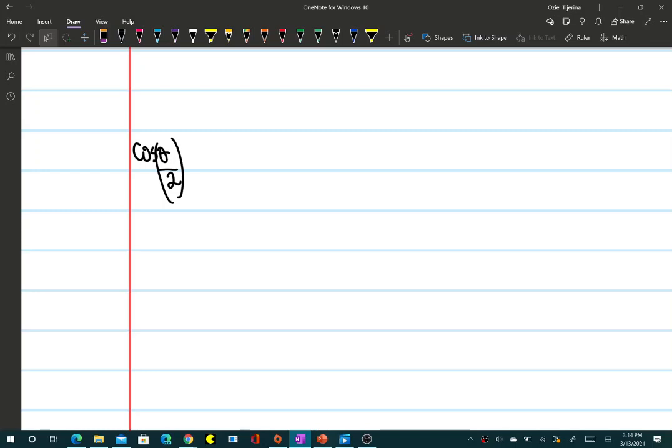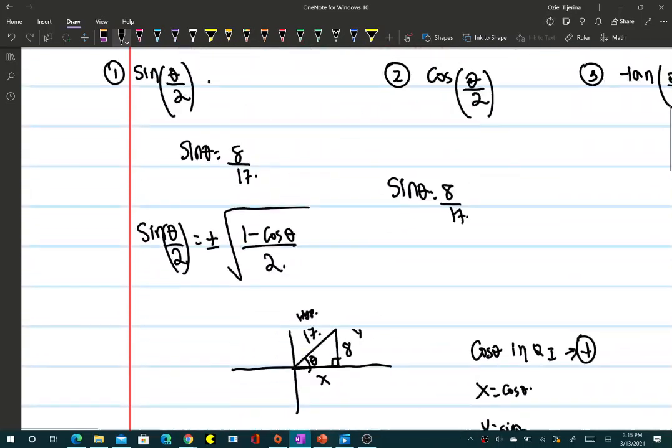If I look up the formula for cosine theta over 2, it's almost the same thing as the first one, except the cosine theta over 2 is plus or minus the square root of 1 plus cosine theta, all divided by 2, okay?